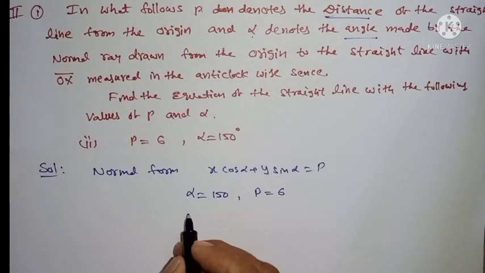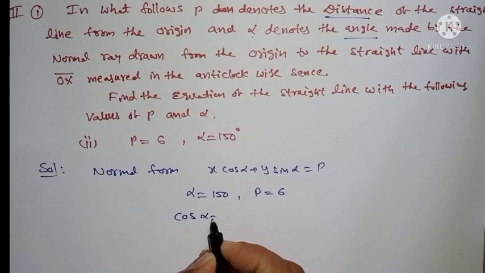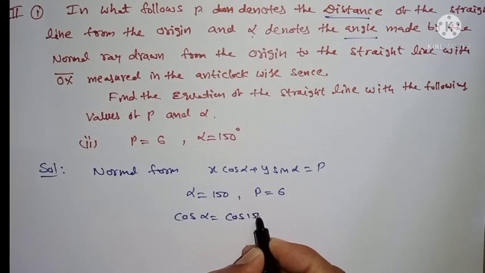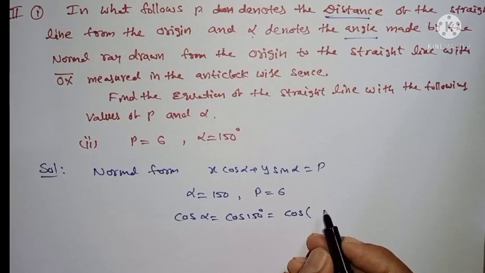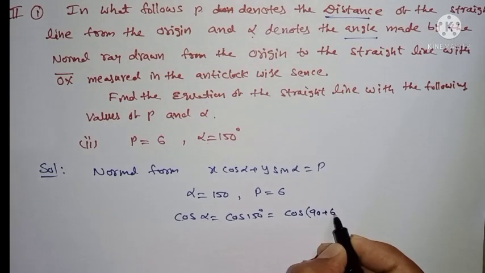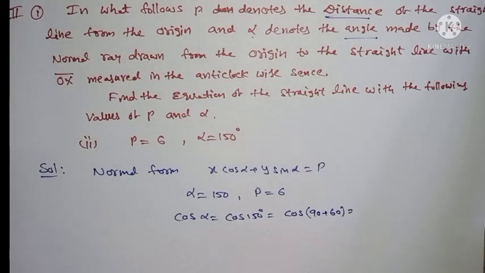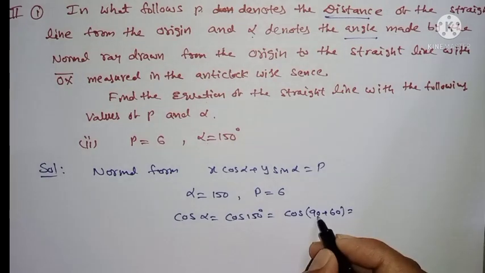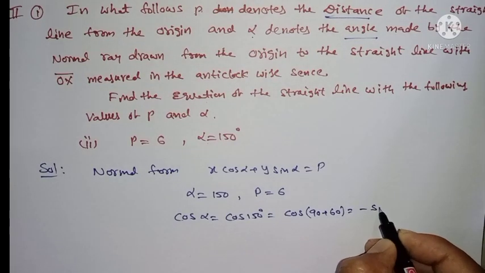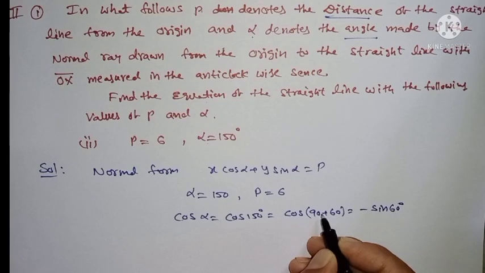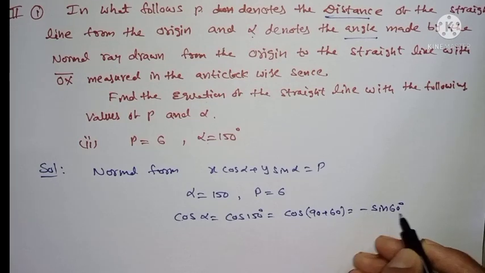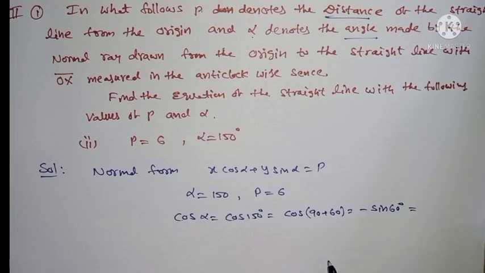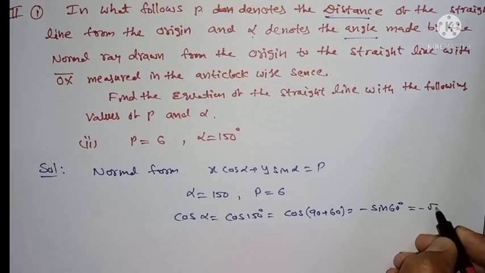Therefore, you can find cos alpha. Cos 150 can be written as cos of 90 plus 60. Otherwise, you can use cos of 180 minus 30 also. Any one you can use. I am doing it here: cos 90 changes to sin 60 degrees, and this is in the second quadrant. In the second quadrant, cos must be minus. Therefore, minus sin 60 is equal to minus root 3 by 2.